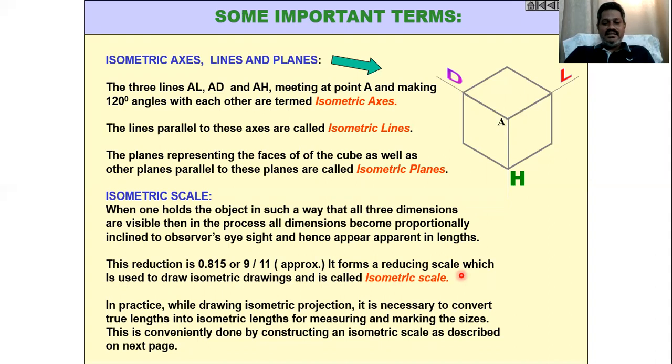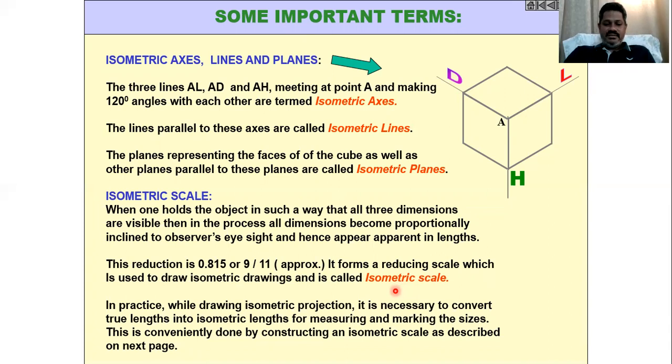So that we can use it to draw the isometric projection, we must require one scale. That scale is also called the isometric scale. So one scale is used to draw the isometric projection, and that scale is also called the isometric scale.